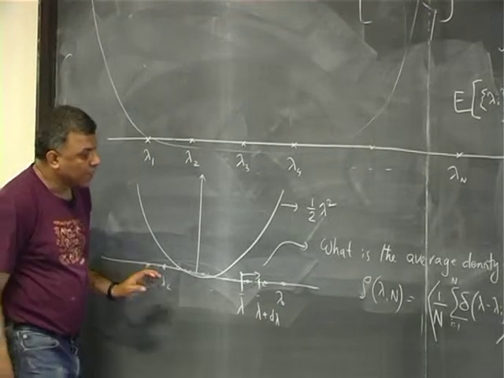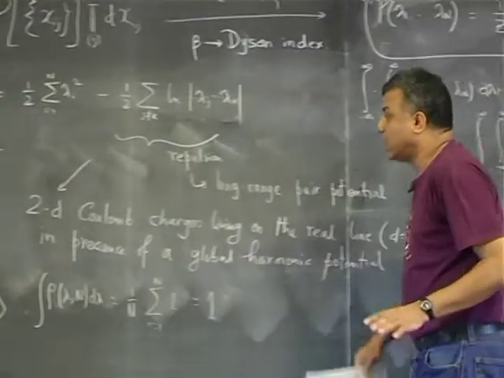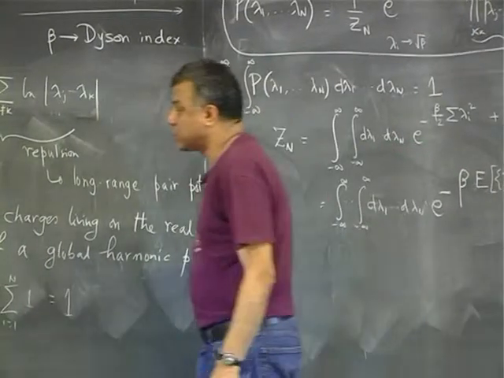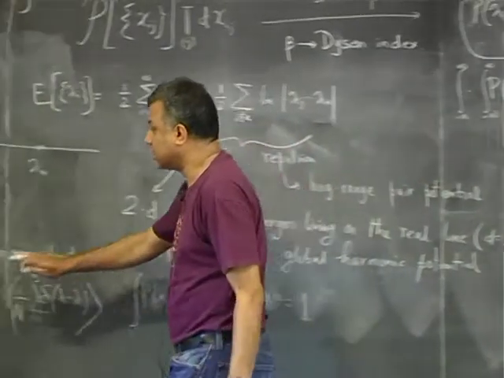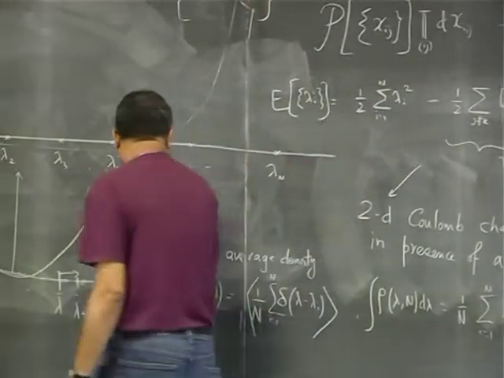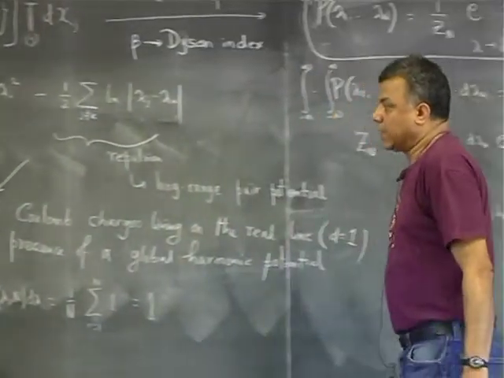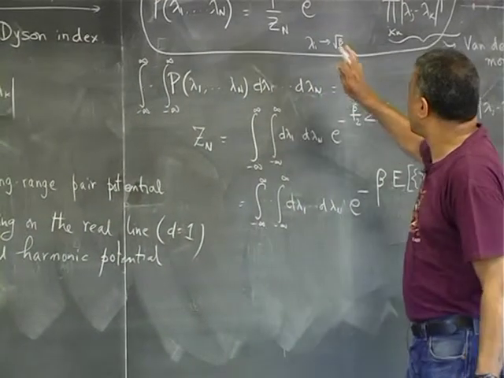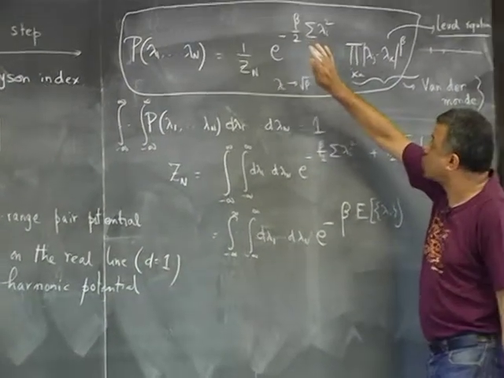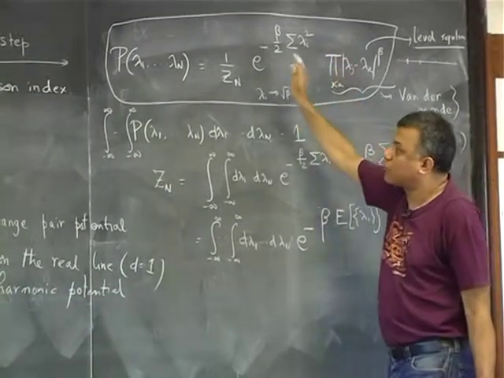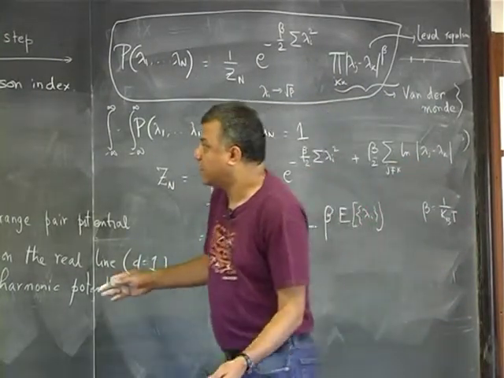And we'll see what this form is maybe in the next lecture, and we'll try to calculate, starting from this, what's the average density of states. So this is just the density of states normalized to 1. Right now my program is that, given this, which we have derived, I'm going to start from this and calculate observable properties.